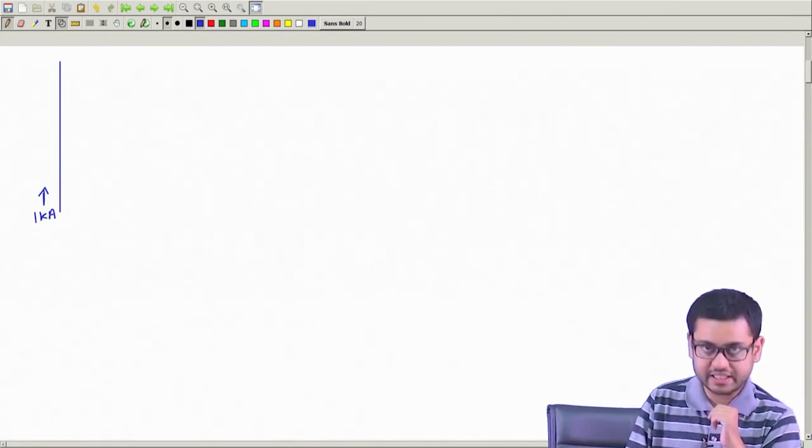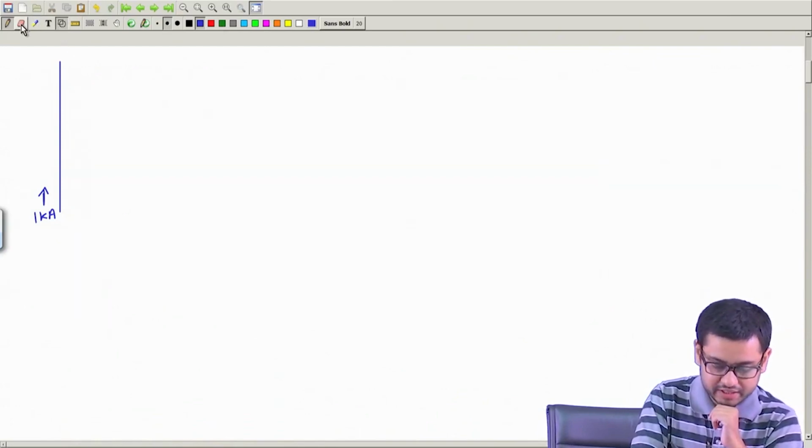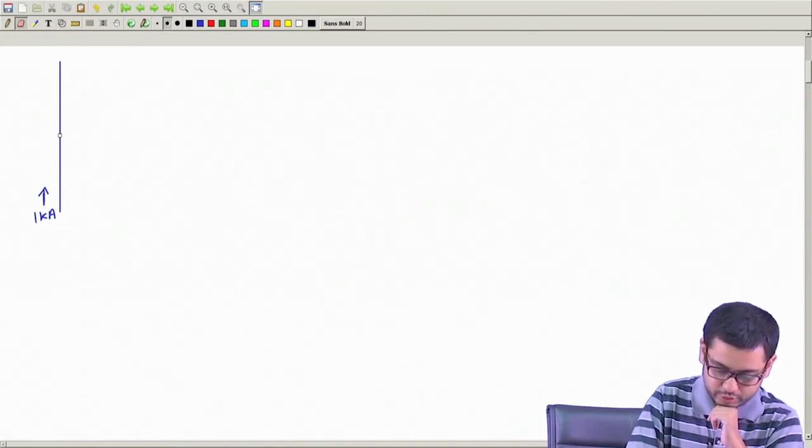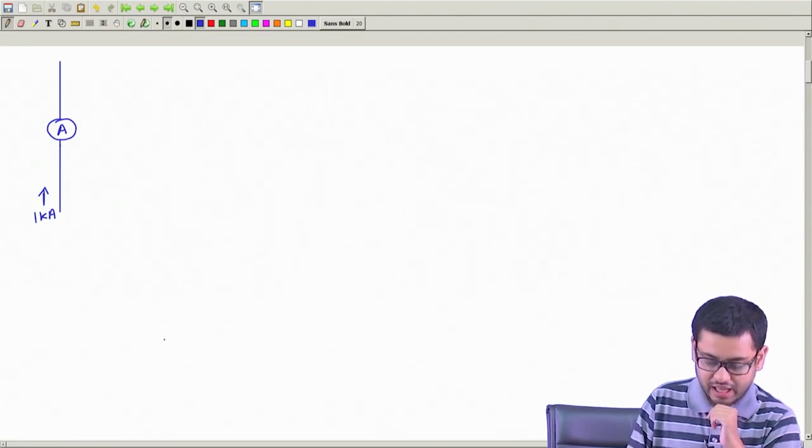Now I want to measure this current. What we normally do is open this circuit, insert an ammeter in series with this line, and then this ammeter will indicate the current.